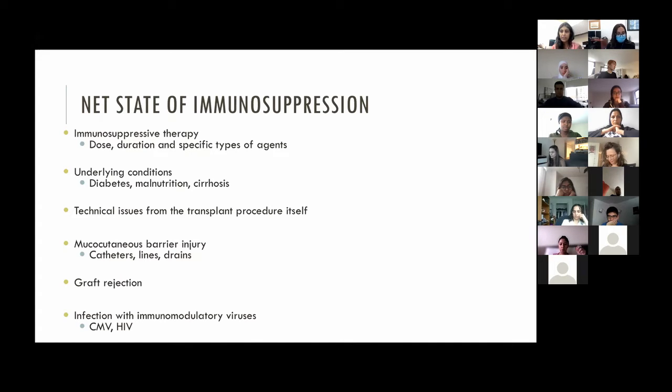All of that contributes to their risk of infection. Were they recently treated for rejection? Did they recently receive rituximab or thymoglobulin that puts them at risk for further infection? Or did they recently have an immunomodulatory virus like CMV that puts them at risk for further infection? So these are all the different things that we think about when we're talking about a patient and how immunosuppressed they may be and how that contributes to their risk of infection.